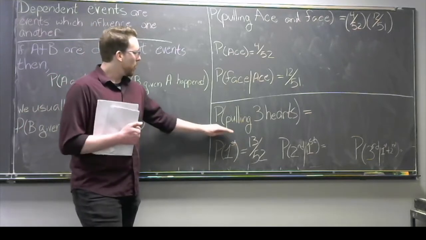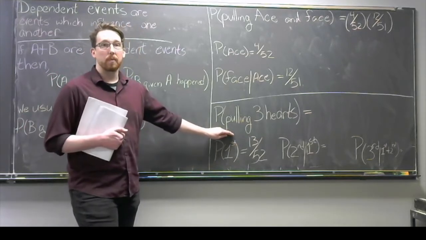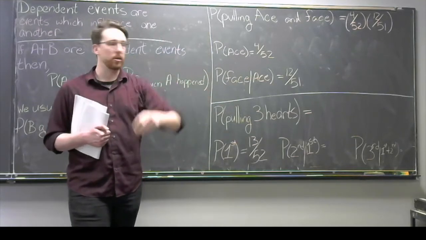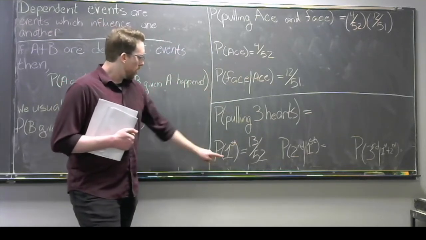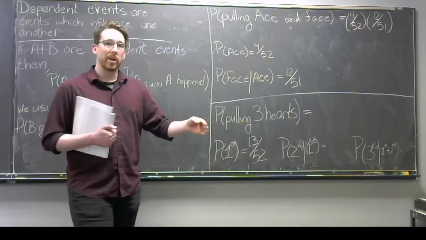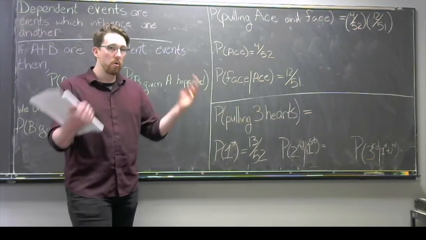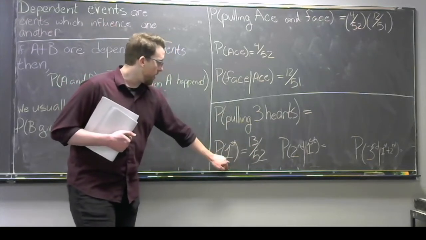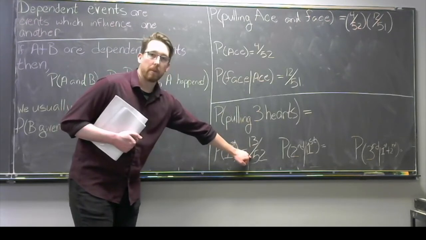So, we're pulling 3 hearts. So, pulling the first heart, and the second heart, and the third heart. Pulling the first heart, because there's 13 hearts in the entire suit, and 52 cards as a whole, the probability of pulling that first heart is 13 divided by 52.